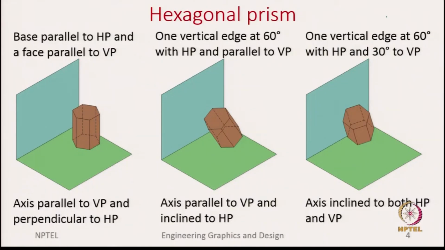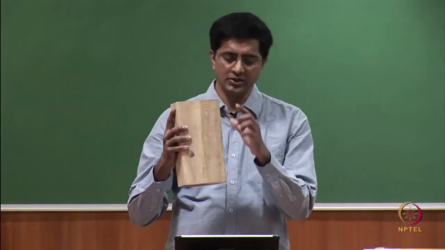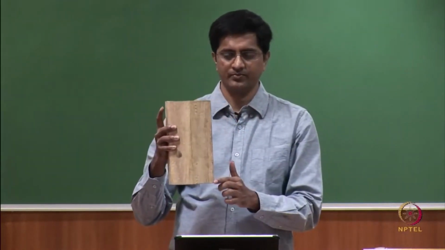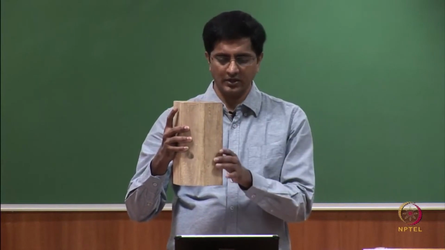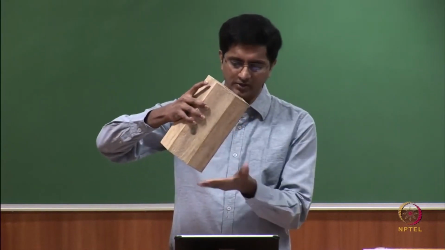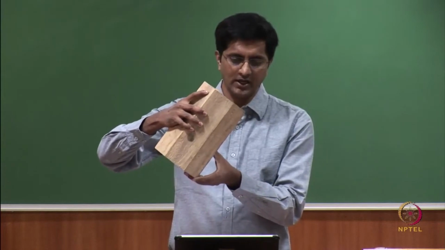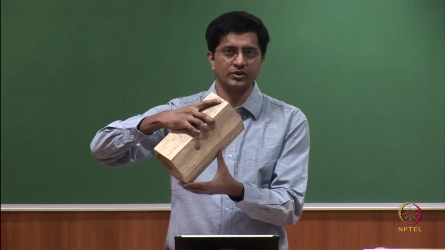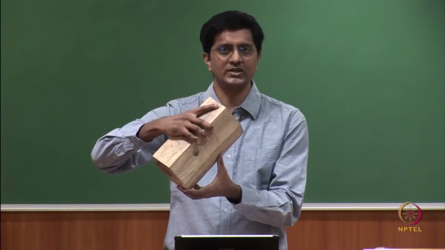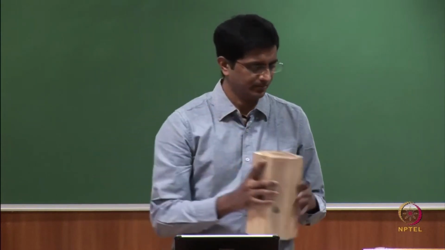Finally, saying that one vertical edge makes an angle of 60 with horizontal plane and 30 with the vertical plane. So, we are defining the whole object using one single edge. Initially this edge is vertical, afterwards it is inclined with horizontal plane. In the last orientation we are saying that it is inclined at so and so with the horizontal plane as well as with the vertical plane.